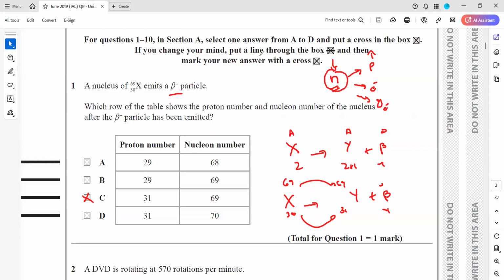But in a positive beta decay, a proton will break down into a neutron, positron, and electron neutrino. So in a positive beta decay, the neutron number increases by 1 and the proton number decreases by 1. So this is what happened.